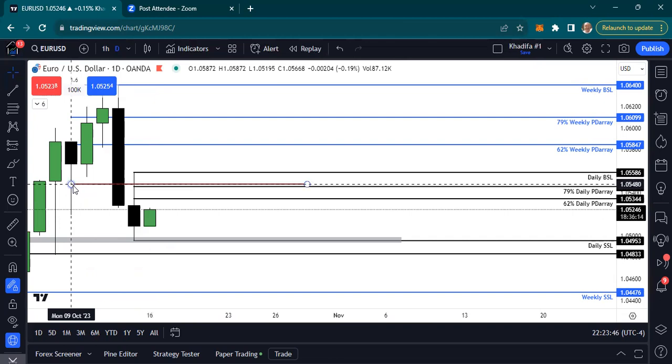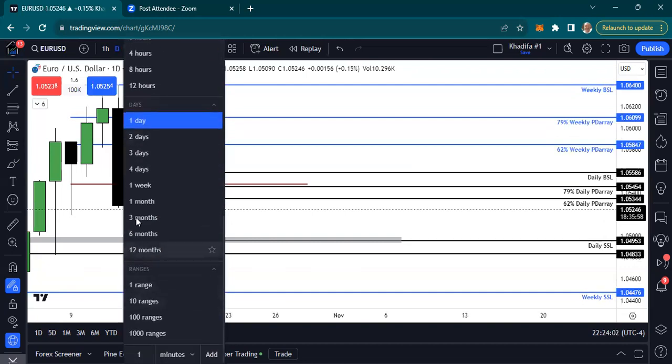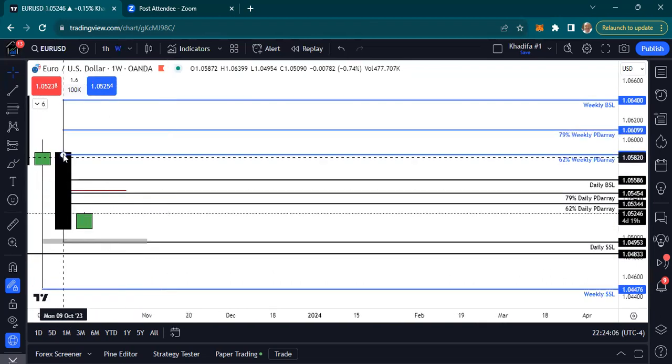I do not want to see it get above this red line that I have right here, which is a weekly consequent weekly candle, right? So if we go up to the weekly time frame, you'll see that I measured the body of this and I marked the consequent encroachment of that body.